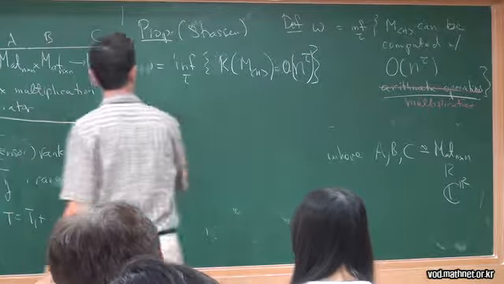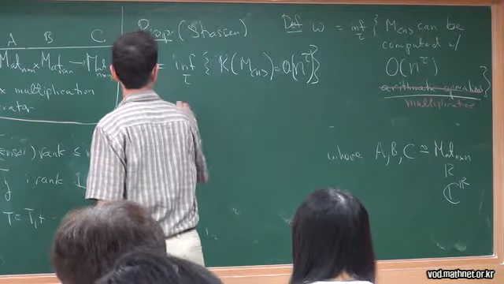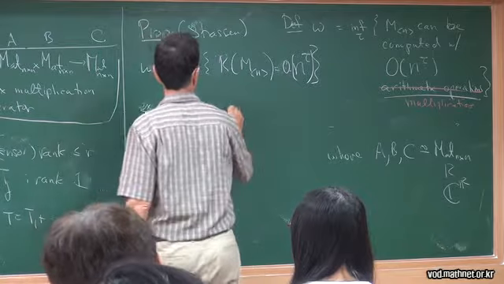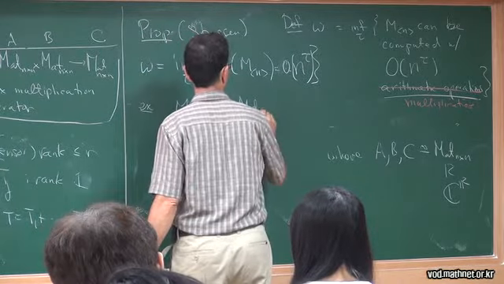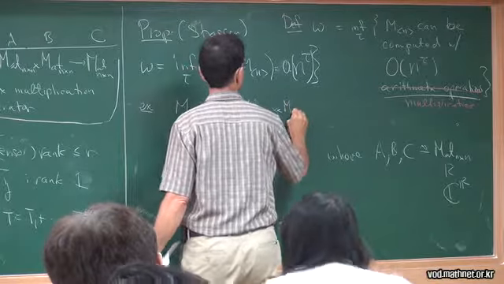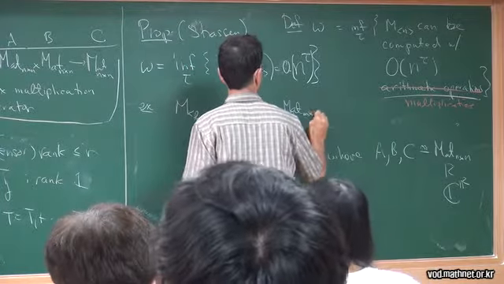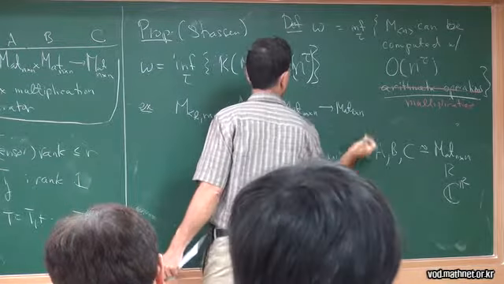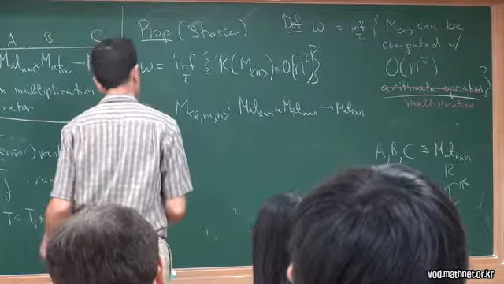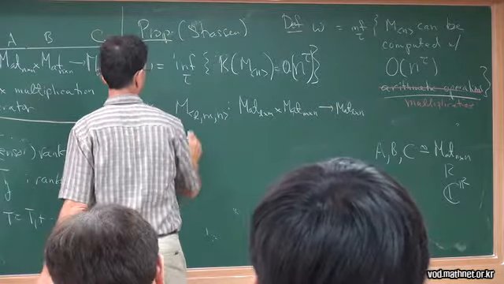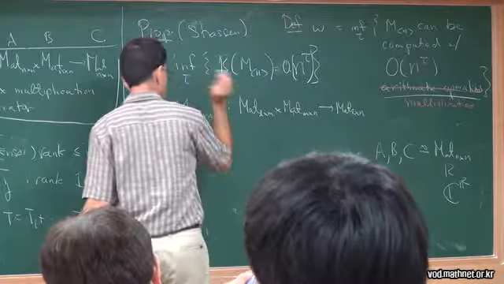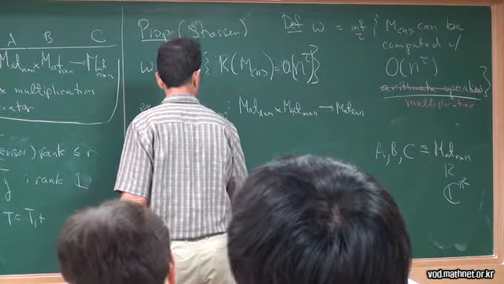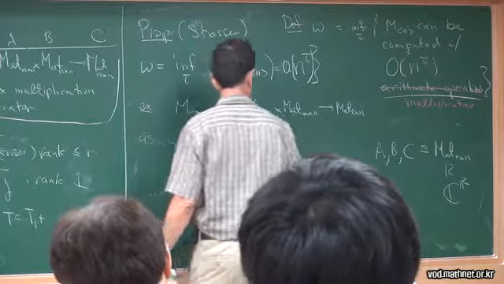So if I wanted to write this as a tensor, and if I write M, L, M, N, this will be the map from matrices L by M to the matrices M by N to the matrices L by N. As a tensor, or in this tensor notation, M, L, M, N, I could write as a summation.